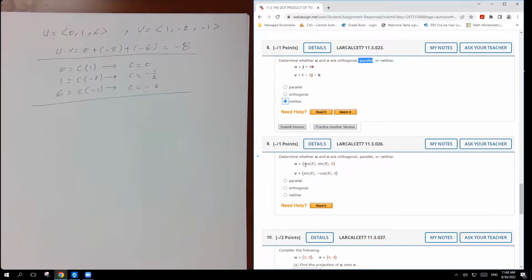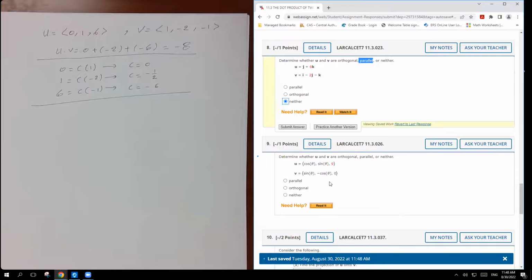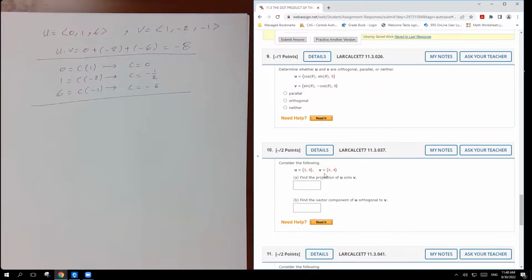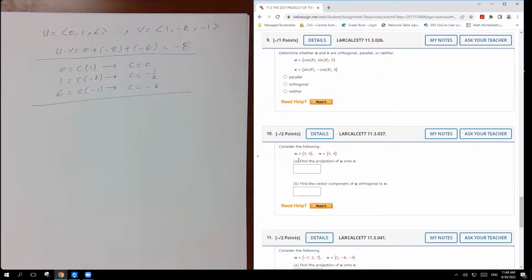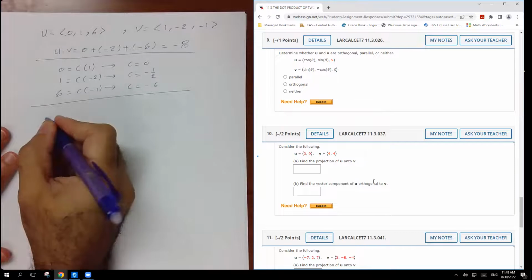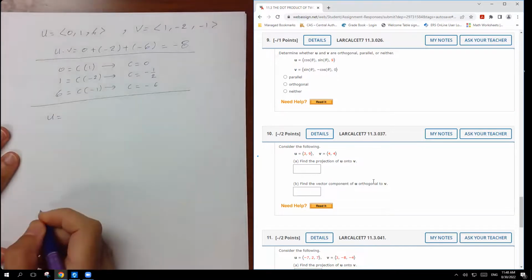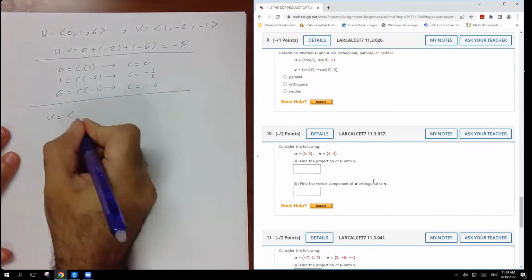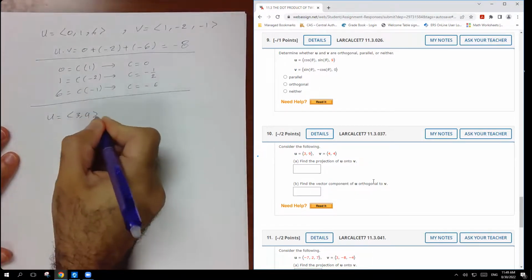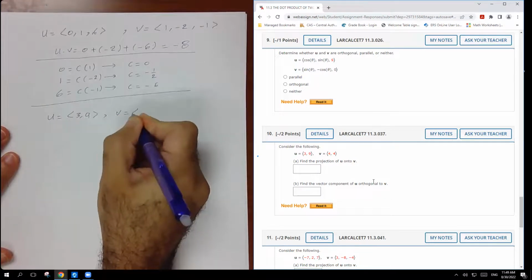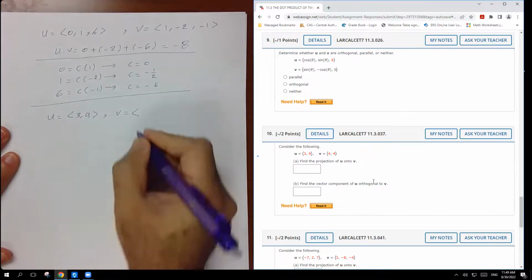Same thing you're going to do with this one, but now with the cosine and sine. You're going to do exactly the same thing. Let's do the last one, finding the projection. How to find the projection? U equals 3, 9 and V equals 4, 4.